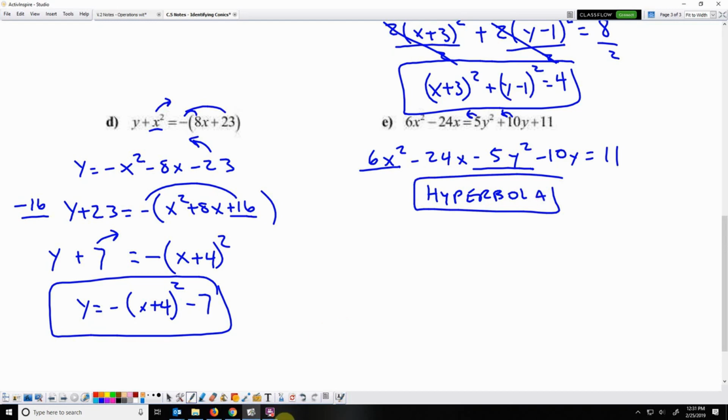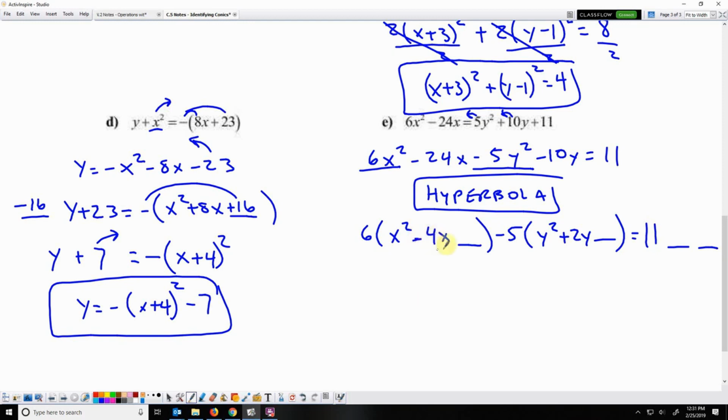Okay, so now to complete the square, I need to factor a 6 out of these x terms. 6 times x squared minus 4x blank. Okay, then I'm going to factor out a negative 5. Minus 5 times y squared plus 2y blank equals 11 and 2 matching blanks.